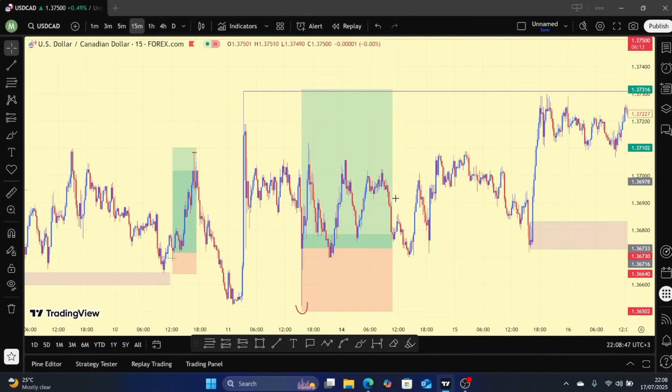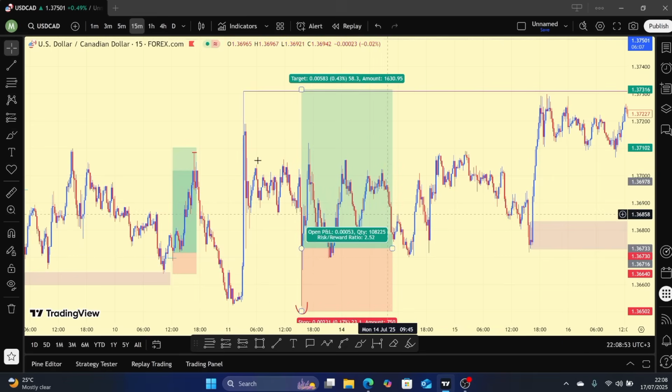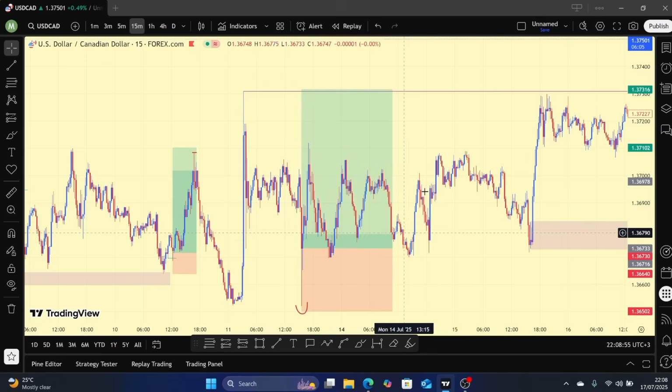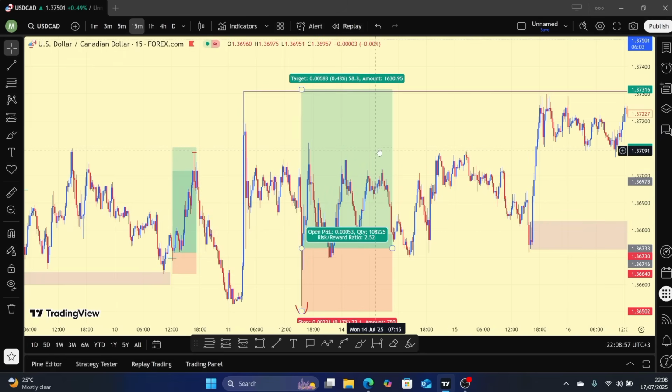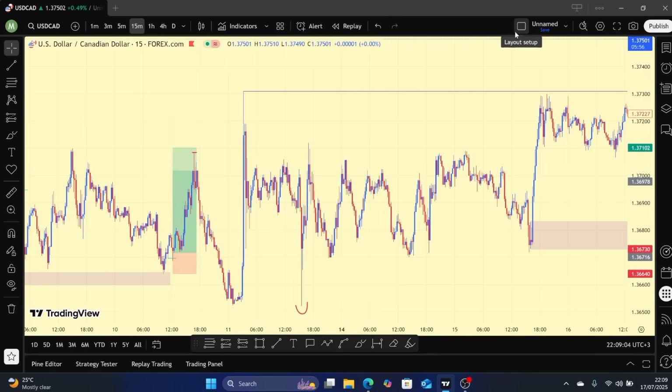In this case, it will give me a small risk to reward. I cannot wait for a lower time frame confirmation because you can see the way the trading range is messy. So this is a 1:2. It's not a bad risk to reward, but I usually recommend a risk to reward that is at least 1:2.5, 1:3, and all of that.